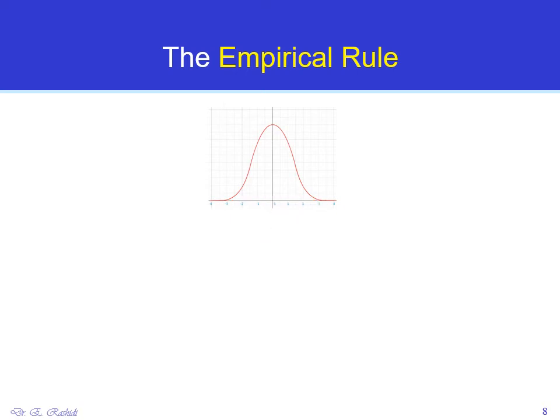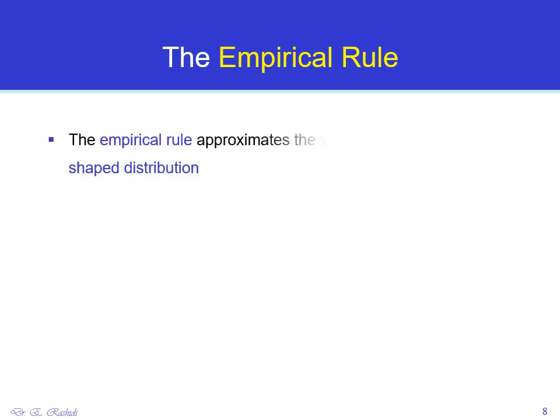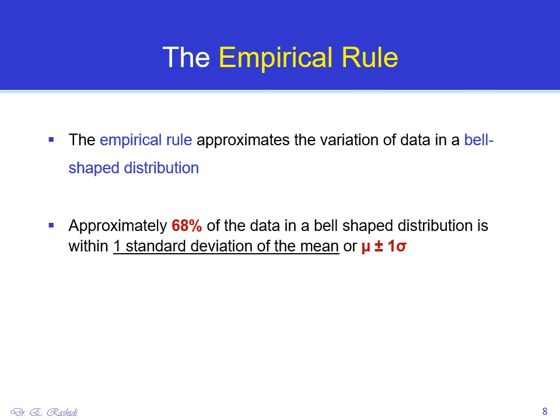So if the shape of the distribution of your data is bell-shaped, the empirical rule applies. And it would say that approximately 68% of your data would fall within one standard deviation away from the mean.